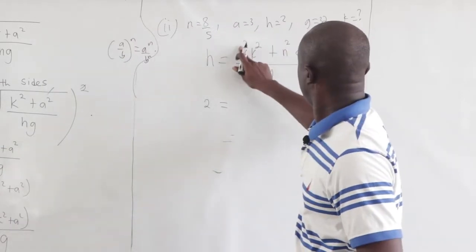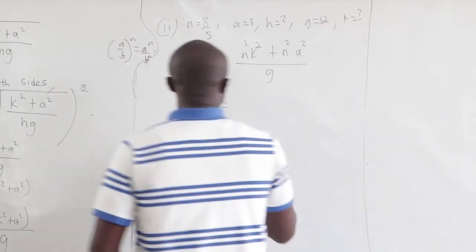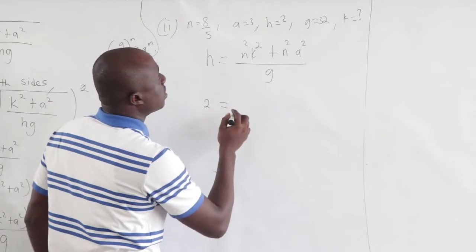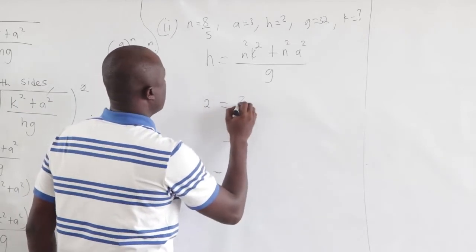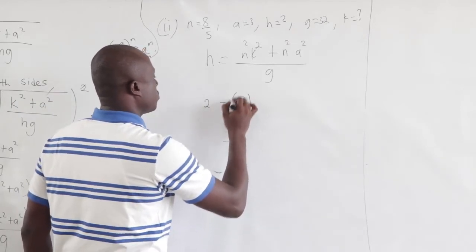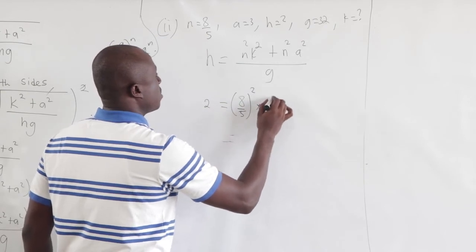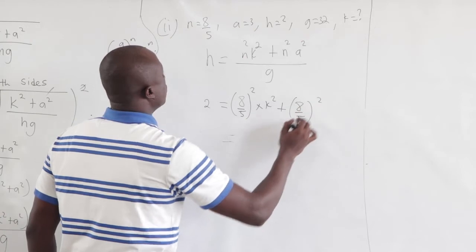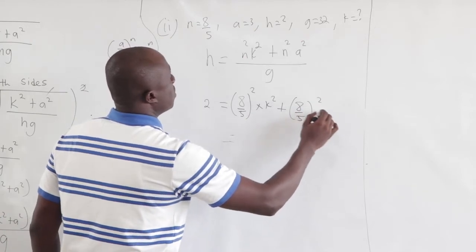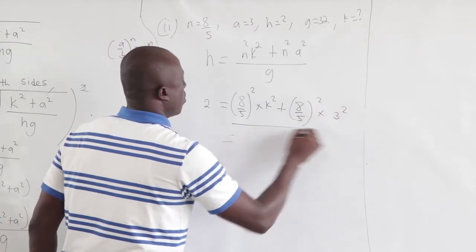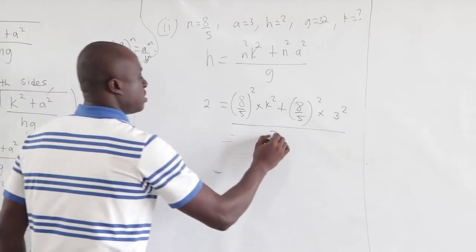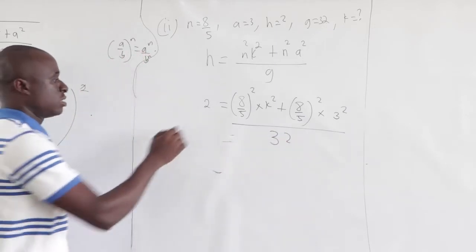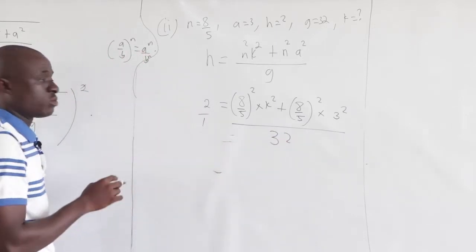Our h is 2. N is 8 over 5 squared times k squared plus 8 over 5 all squared times a squared, that is 3 squared, all over j. The j is 32. Now this is a whole number, so over 1. What can we do? Cross multiplication.